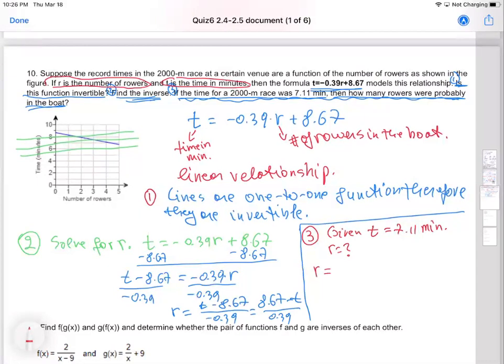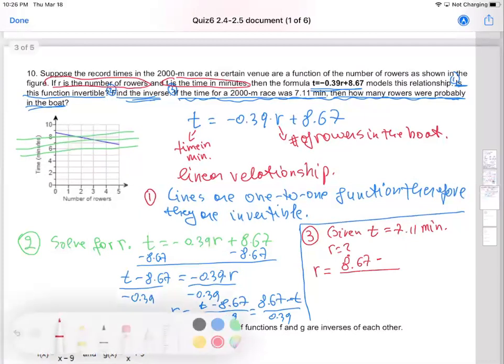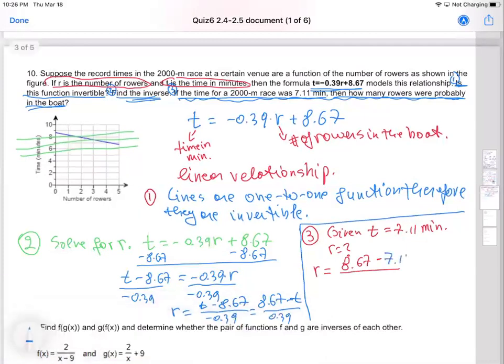So R equals 8.67 minus 7.11 divided by 0.39, and do the arithmetic here, and then you get about 4 rowers in the boat. 8.67 minus 7.11.